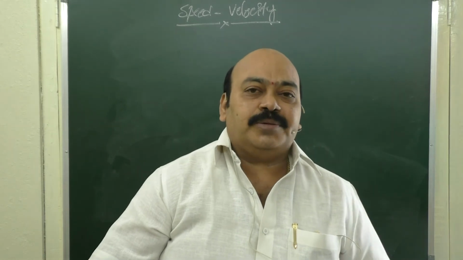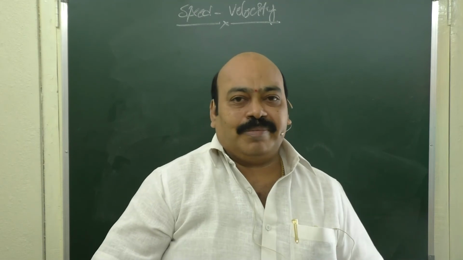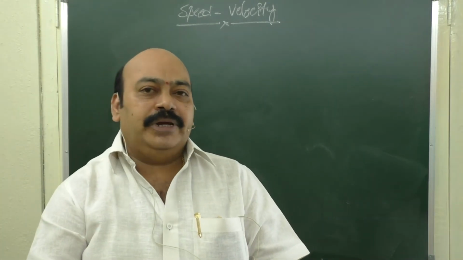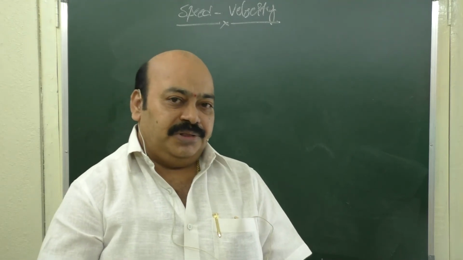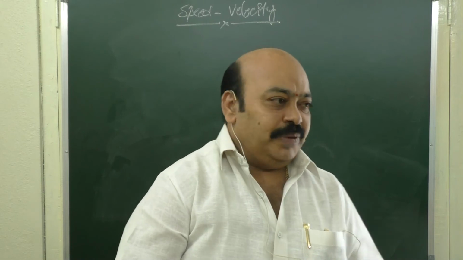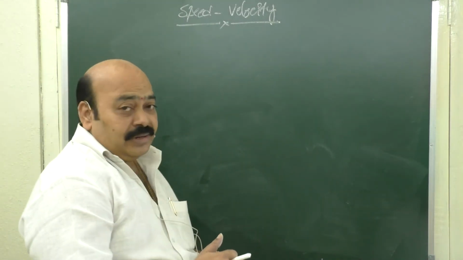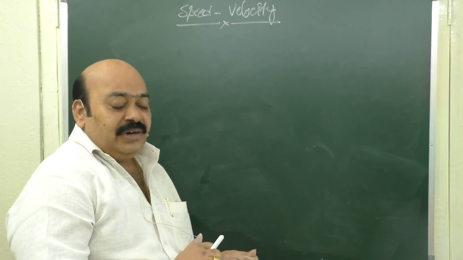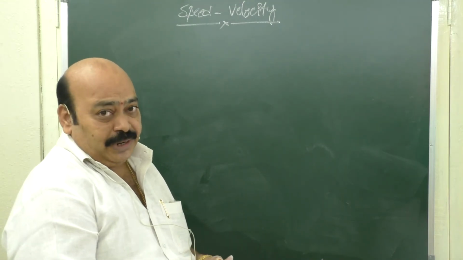There is a misconception, and so many of you use these two terms in the same meaning, but there is a lot of difference between these two. Let me explain what is the difference between speed and velocity. Are these two the same or different, or if they are the same, in which case they will be the same?